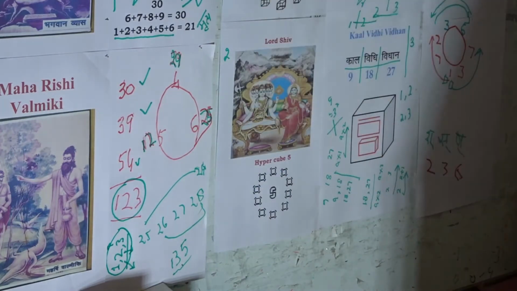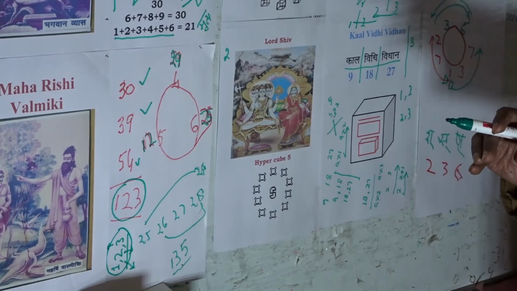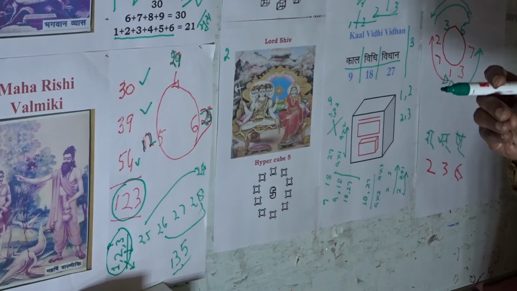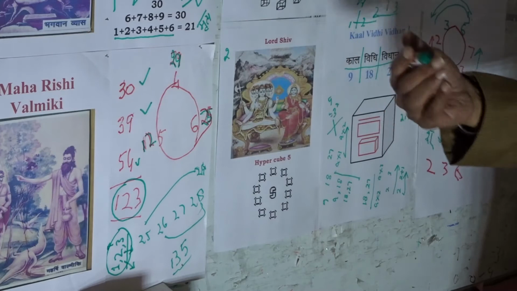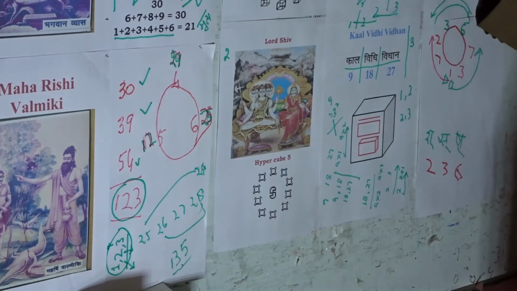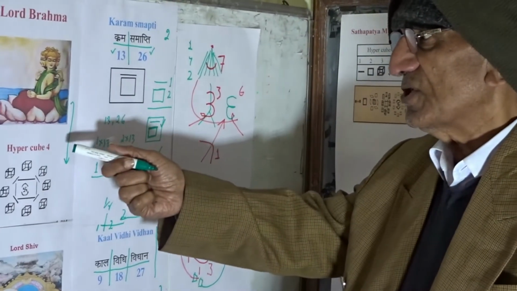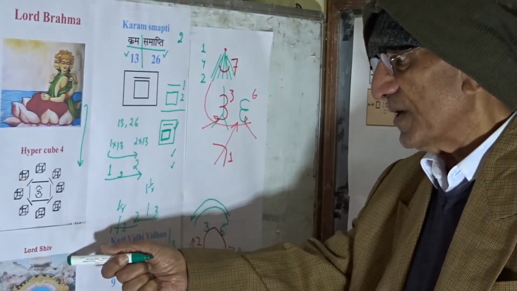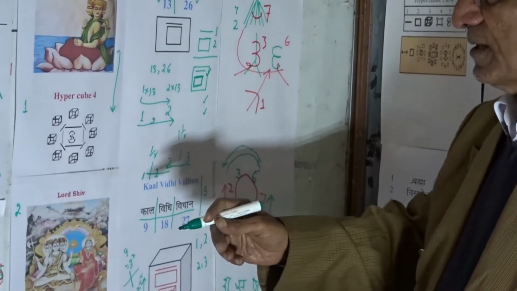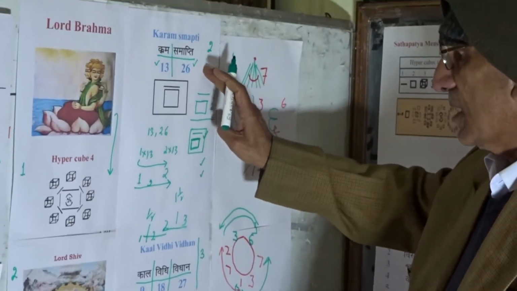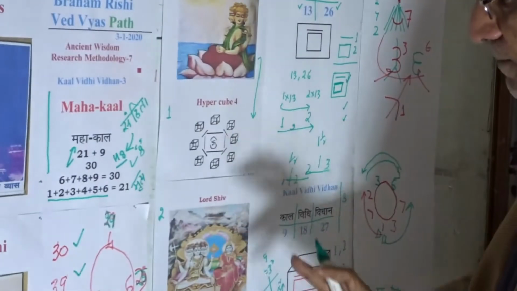We will be coming to it subsequently in the evening session, when we will be confronted with the applied values, applied applications of these features which are being availed by the Vedic systems for a transition from 4 space to 5 space and a step ahead from 5 space to 6 space, in terms of triple formulation Karma Samapti, Kaal Vidhi Vidhan and Maha.